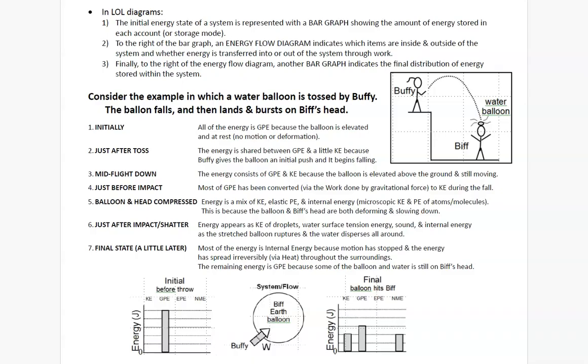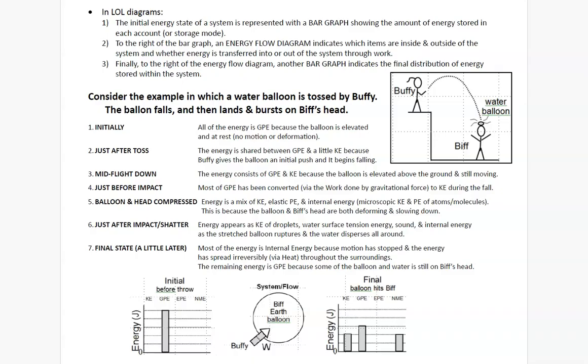But let's just take a look at the last one, which is also another bar graph, and you see the energy is distributed in a different way. And in the center is this system flow diagram, which is basically just a circle. Inside the circle represents all the things you count as the system, and everything outside the circle is everything you don't count as the system, what we call the surroundings.